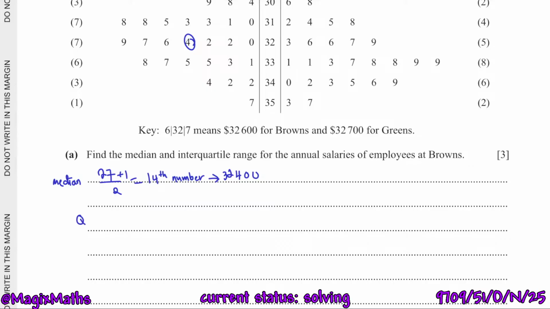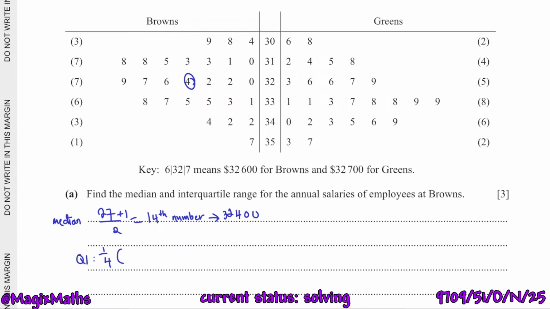For our Q1, it's the 1/4 out of all the numbers, or the middle number between the first value and the median. So we have here 1, 2, 3, 4, 5, 6, 7, 8, 9, 10, 13 numbers.